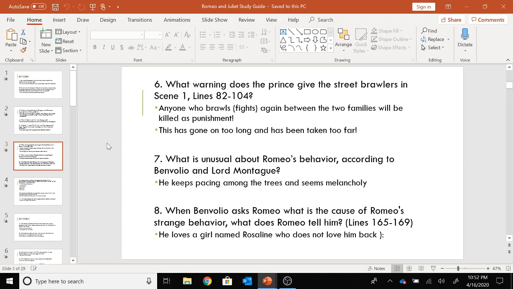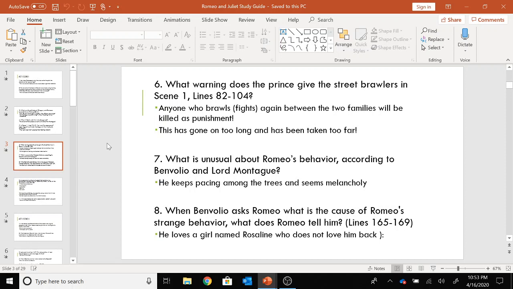Back to the foreshadowing here, and even more importantly, an example of irony. So Romeo, in lines 165 through 169, identifies that he is in love with Rosaline, who does not love him back, right?